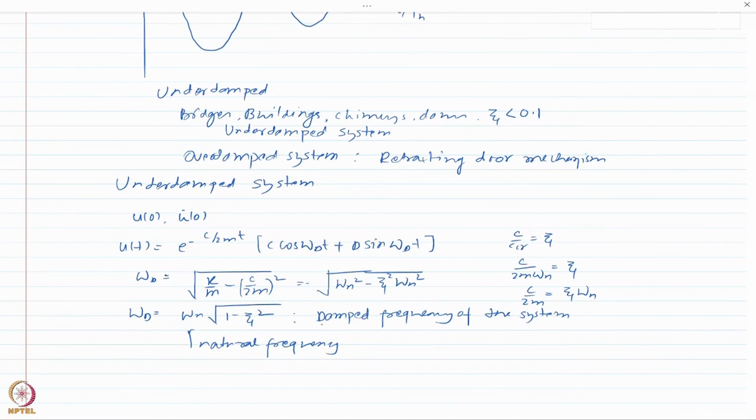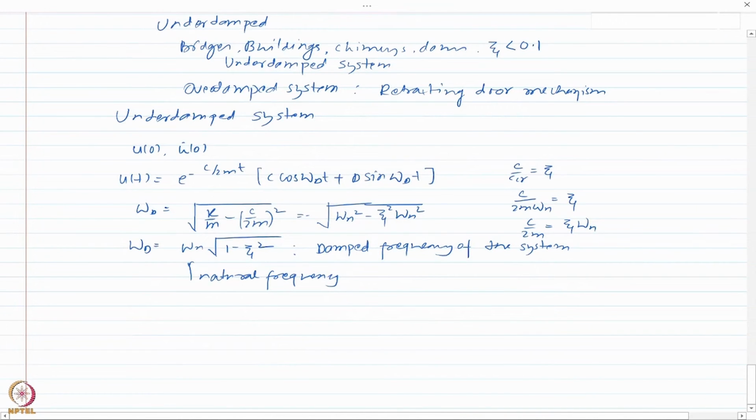I'm not going to pronounce the whole natural circular frequency every time. So if I say frequency, you just need to understand it like that. So omega d is related to omega n. The damped frequency is related to the natural frequency using this damping ratio.